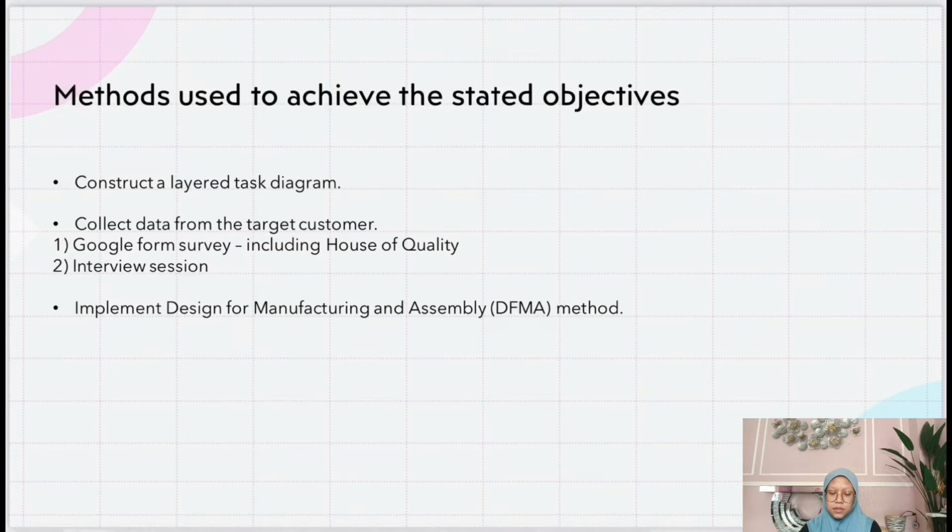The third one is that one of our team members took the initiative to have an interview session with the village community in a rural area to identify their problems and needs. And the last one, we implemented the design for manufacturing and assembly, the DFMA method. The main part is the Boothroyd Dewhurst.